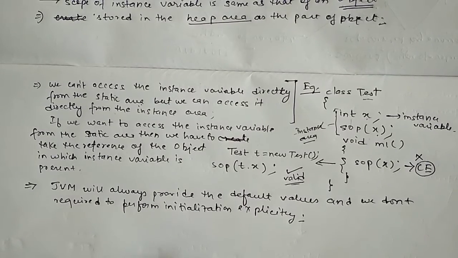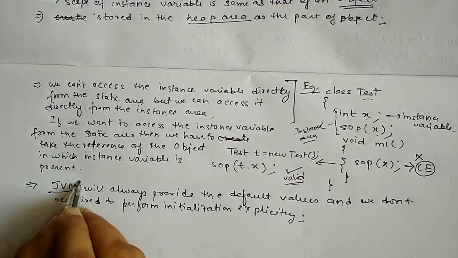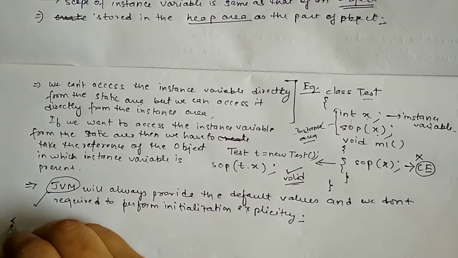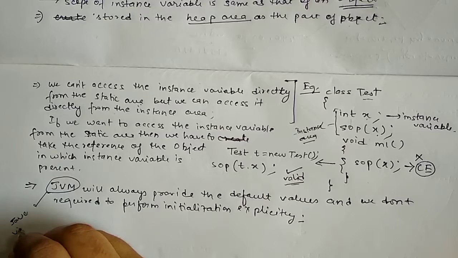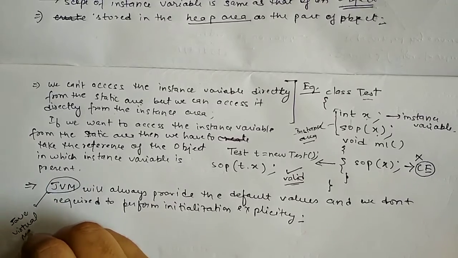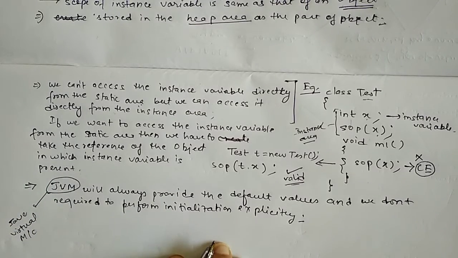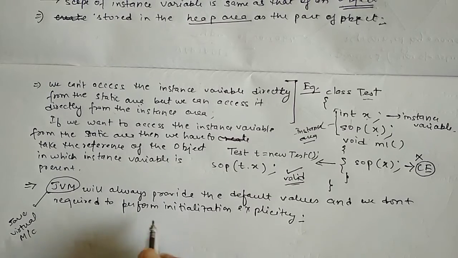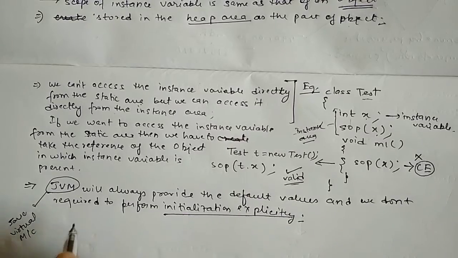So in the case of an instance variable, the JVM, the Java Virtual Machine, will provide the default values, and we don't have to perform initialization explicitly.